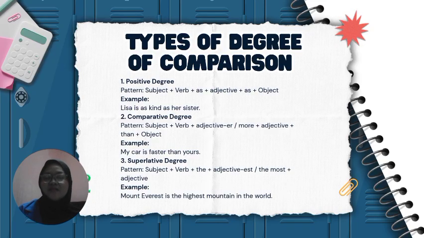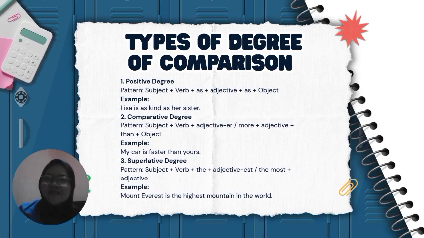Next is comparative degree. This type compares only two people or two things. The pattern is subject plus verb plus adjective-er or more plus adjective plus than plus object. For example, my car is faster than yours. Finally, we have superlative degree.